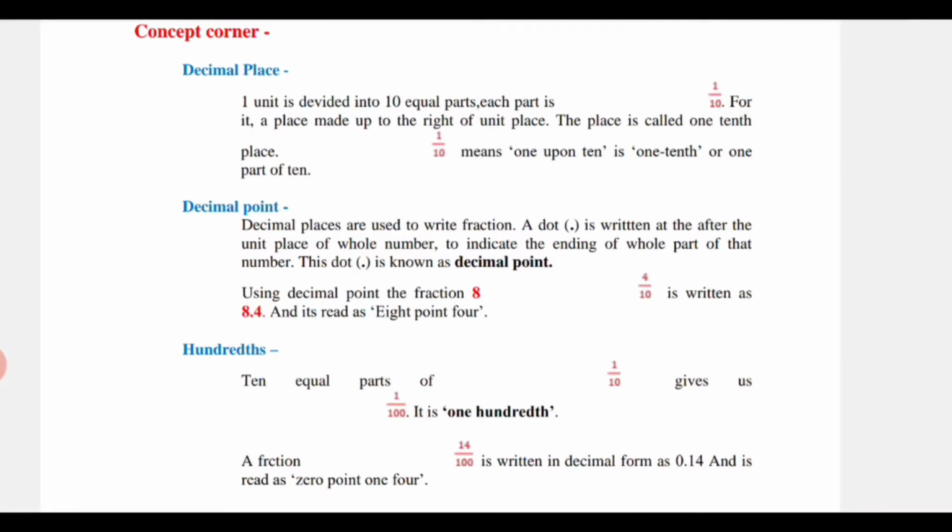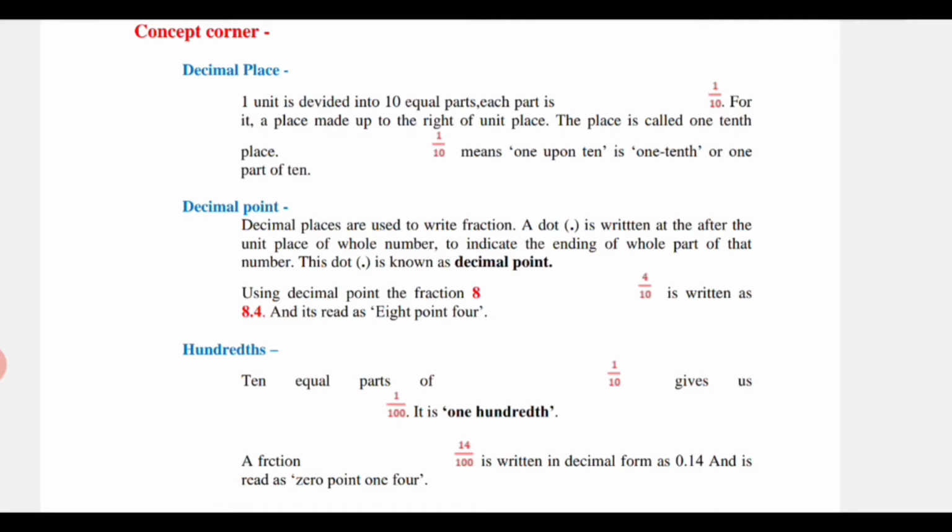If 1 upon 10 is there, or denominator 10 is there, that means that particular digit is at the tenth place. 1 upon 10 means 1 part of 10.